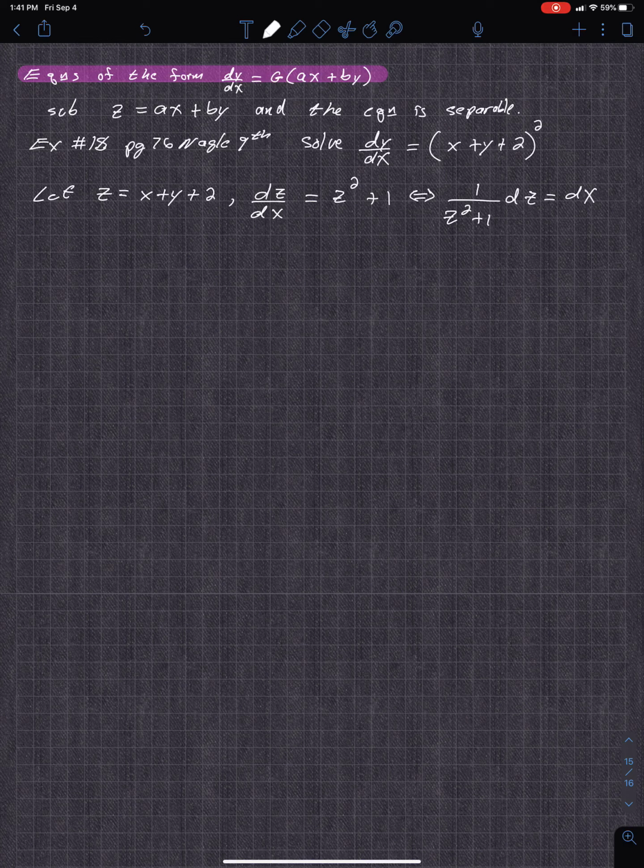Integrate both sides: the integral of 1 over z squared plus 1 dz, and the integral of dx. And that one, anybody recognize that integral? That is arctan z equal to x plus c.